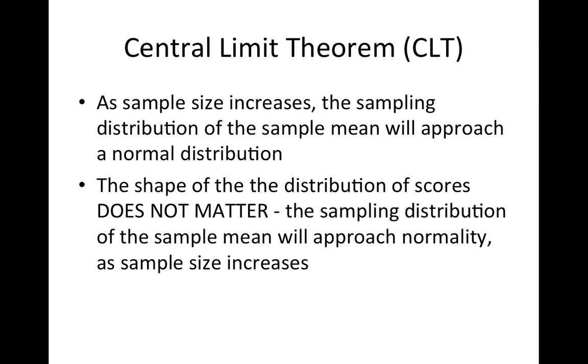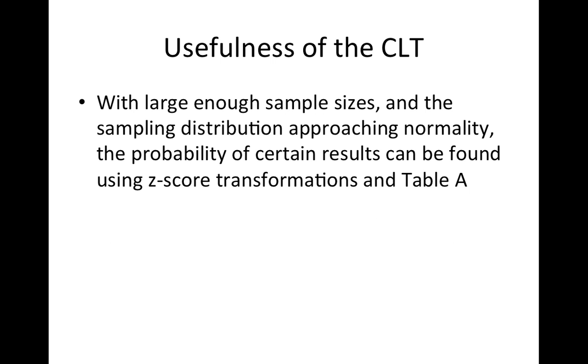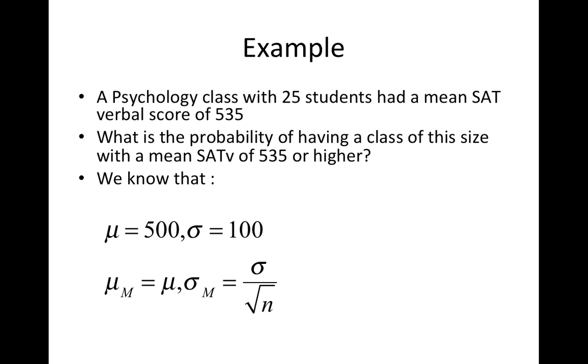As the sample size increases, the sampling distribution will approach a normal distribution, and that's pretty awesome. And actually, that's pretty amazing. And it's an amazing fact because of theorems like De Moivre's theorem and Bernoulli's theorem in probability theory. With large enough sample sizes and the sampling distribution approaching normality, the probability of certain results, certain statistics, can be found using z-score transformations in Table A.